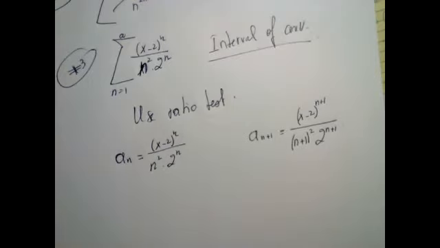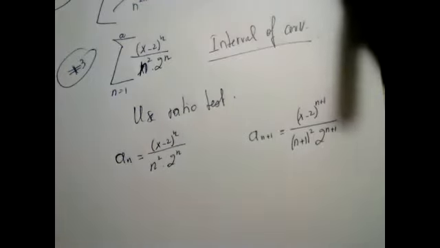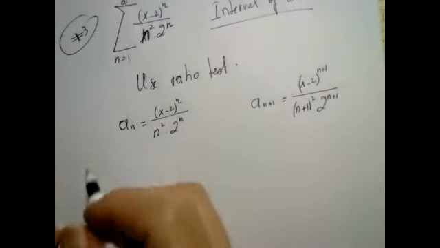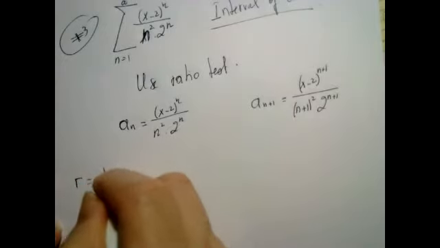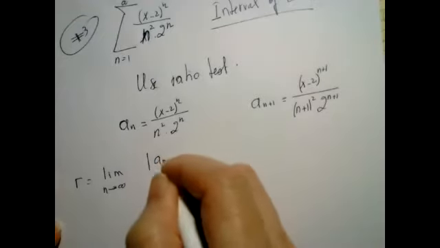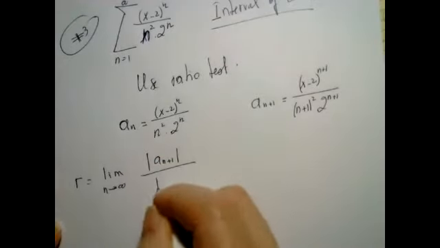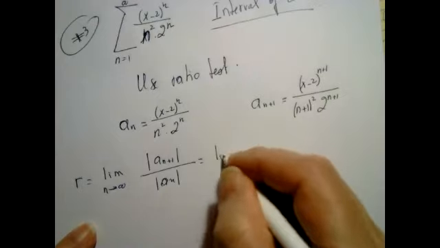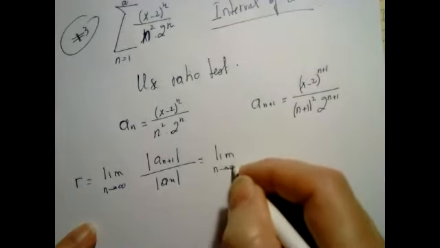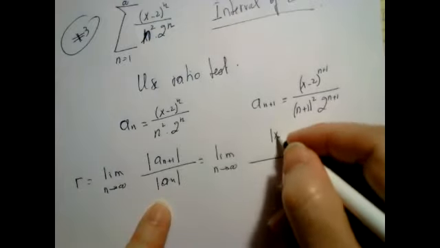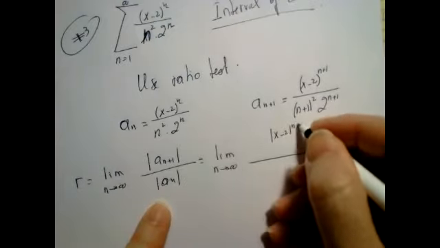And now the question is to basically find the ratio and use the ratio test to determine what's really going on. So I'm going to take r to be the limit as n tends to infinity of the absolute value of a_(n+1) over the absolute value of a_n. So this will be equal to the limit as n tends to infinity of, all right, the first one is absolute value of (x minus 2) to the n plus 1.